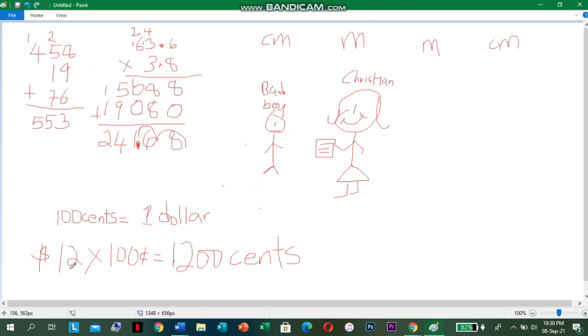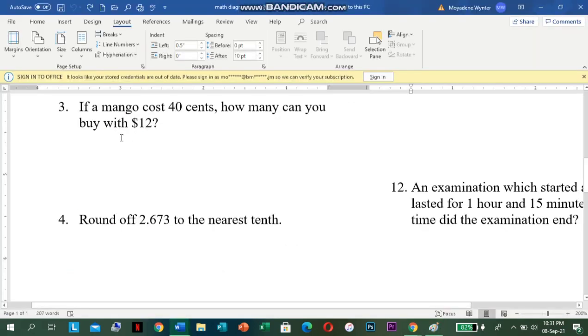Good. So let us go back to our work now. We have done our conversion, which is 1,200 cents. Now the question says, how many can we buy with $12? Now we convert the $12 to 1,200 cents. Remember, one mango costs 40 cents.